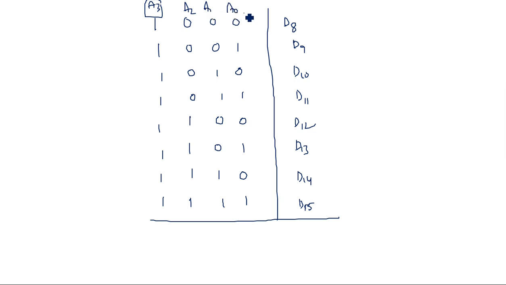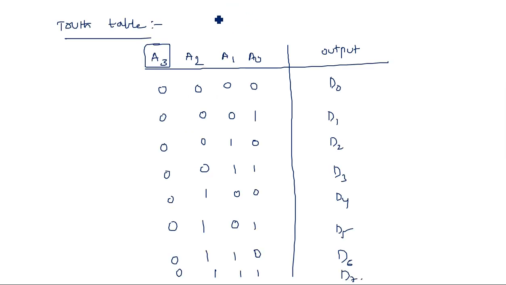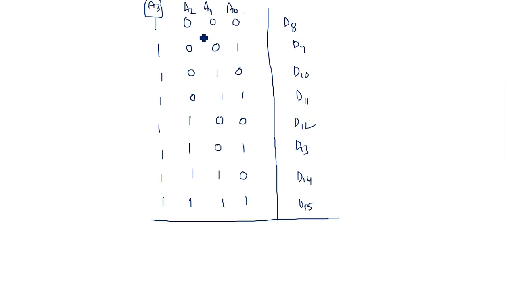That means the first 8 outputs are implemented with one 3 to 8 decoder by making the enable pin 0, and the remaining 8 outputs are from one more 3 to 8 decoder by making the enable pin 1.